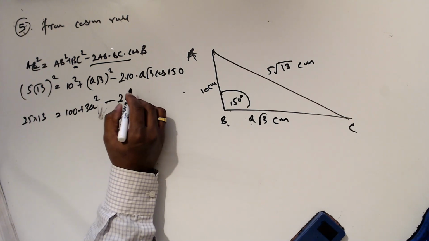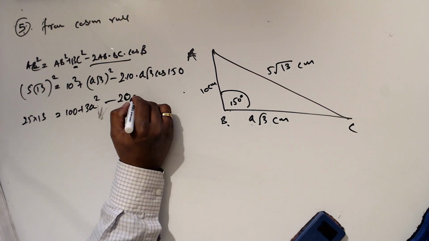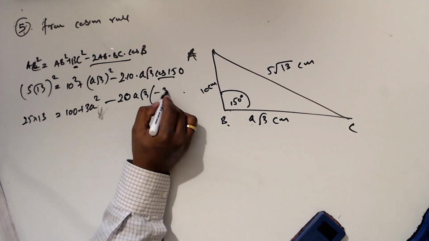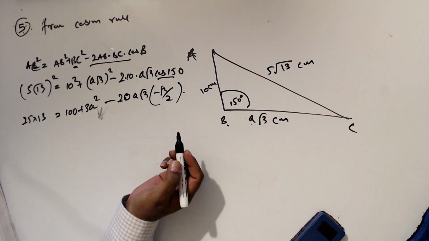Minus 2 times 10, 20, A square root 3 cos 150 mean minus square root 3 over 2.